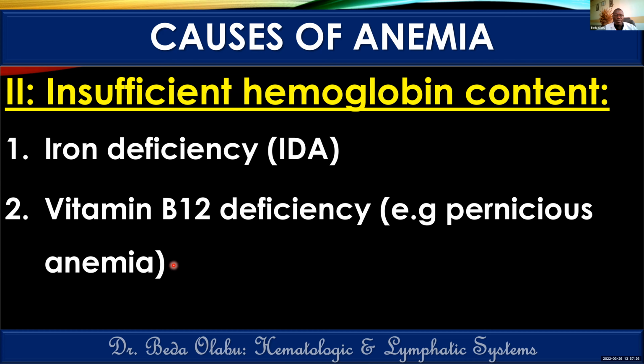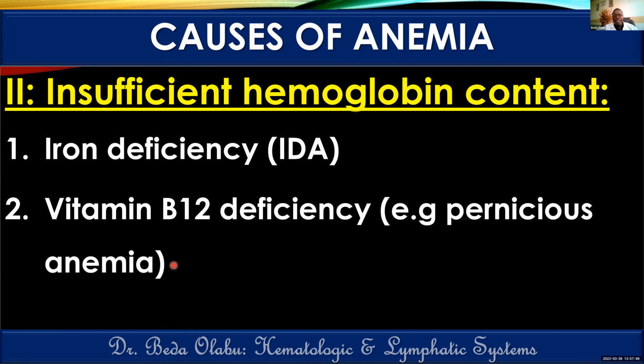Now, let me put it this way. For production of red blood cells, there are some things that you need. Yes, you need iron, you need vitamin B12, you need folic acid. There are many substances that you need, vitamin B12 being one of them. The body gets vitamin B12 through diet.